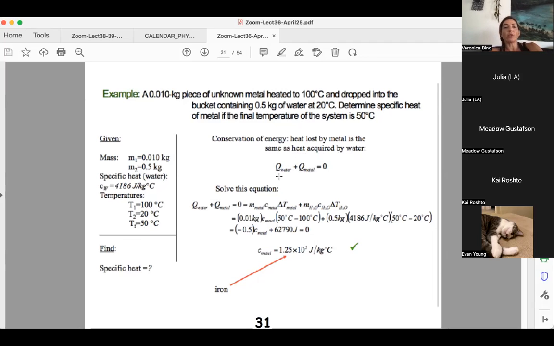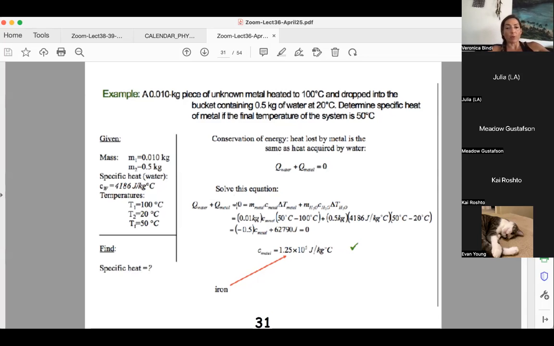The water is going to get it, so it's going to be positive. And here we sum something positive with something that is going to be negative, and so the sum is going to be 0. So Q water plus Q metal is equal to 0. It makes sense because it's going to be positive plus something negative, so they need to be equal to 0.